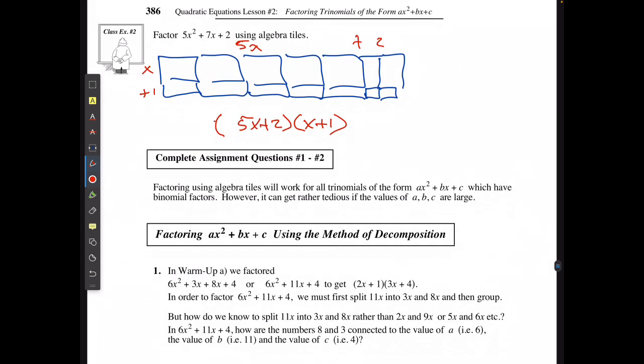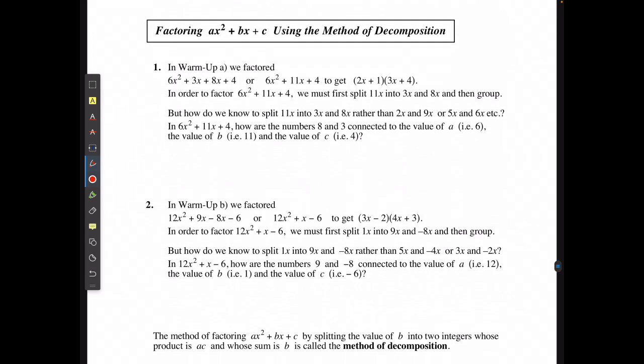When we're doing the decomposition method, in the beginning, we factored 6x squared plus 3x plus 8x plus 4, or 6x squared plus 11x plus 4, to get the binomials. In order to factor this, we need to split the middle term, the 11x, into the 3x and the 8x so that we can factor by grouping.